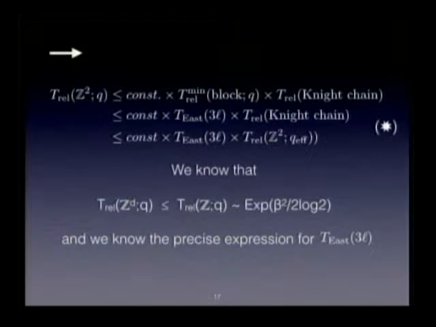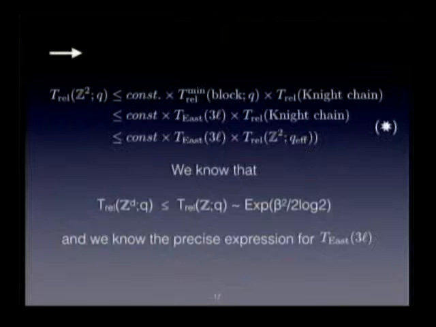This quantity here, actually, we know very precisely because it's a one-dimensional computation, and we know the very precise asymptotics of this function. Okay? So, we know that in any case, this quantity here that we are trying to estimate precisely is bounded by the one-dimensional quantity.